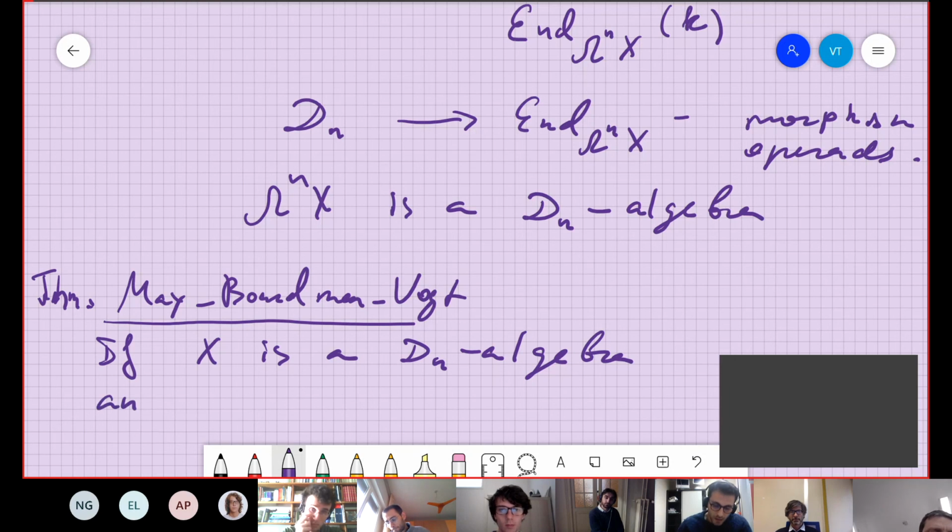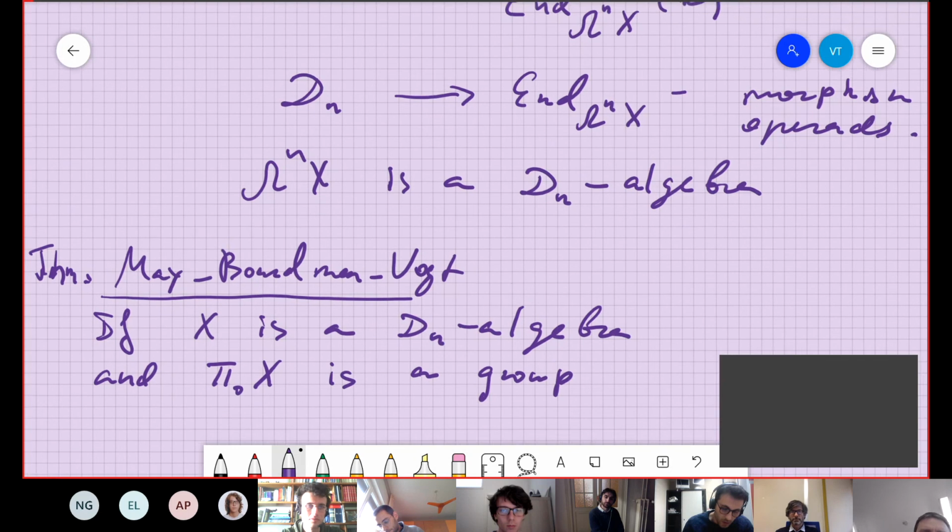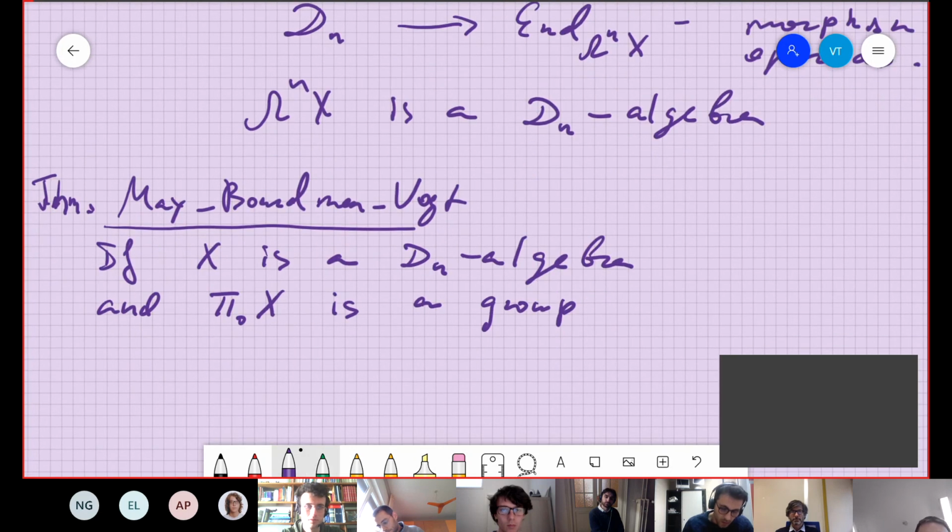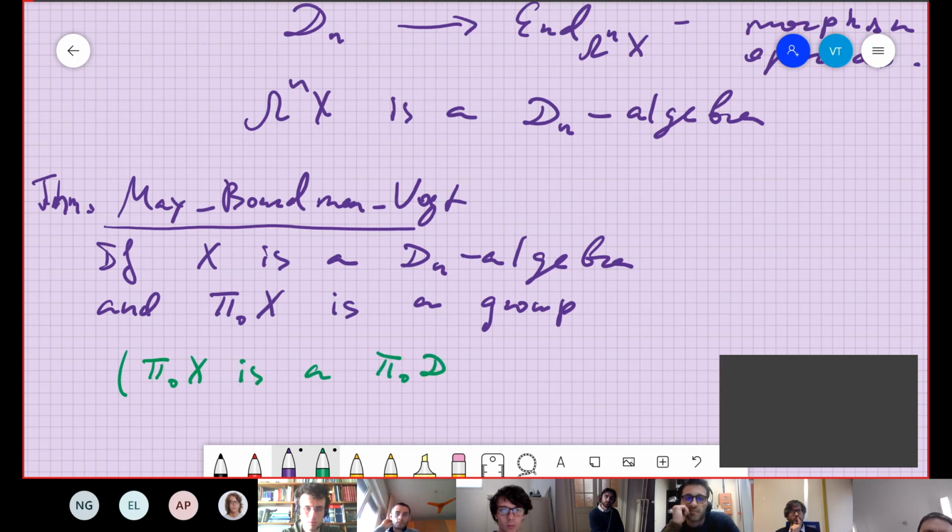and pi 0 of X is a group. Notice that pi 0 of X is an algebra over pi 0 of Dn, which is just the commutative operad.